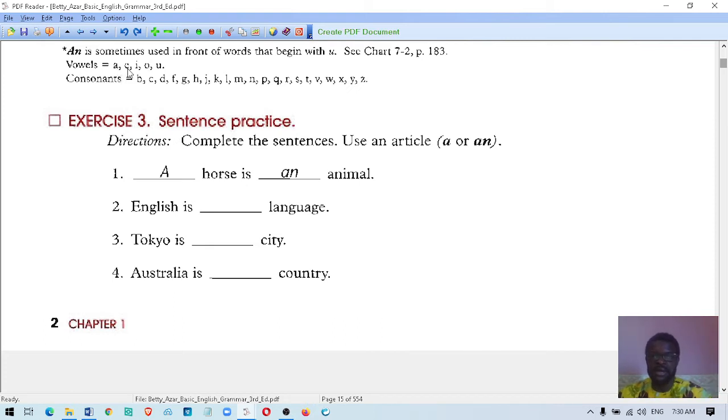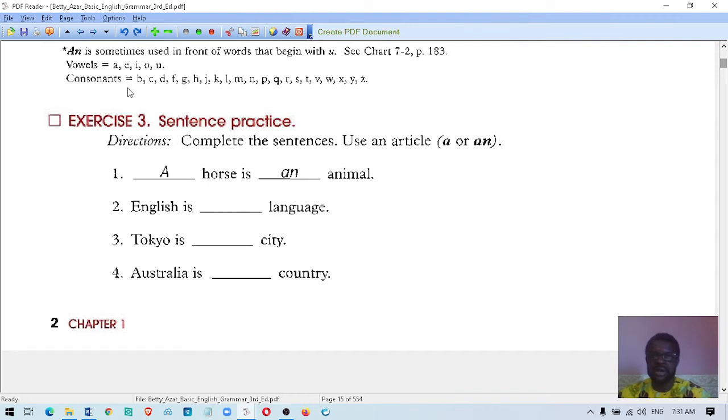A, E, I, O, U. Then the rest of the 26 letters that are not A, E, I, O, U, we call them consonants. So B, C, D, F, G, H, J, K, L, M, N, P, Q, R, S, T, V, W, X, Y, Z are called what?